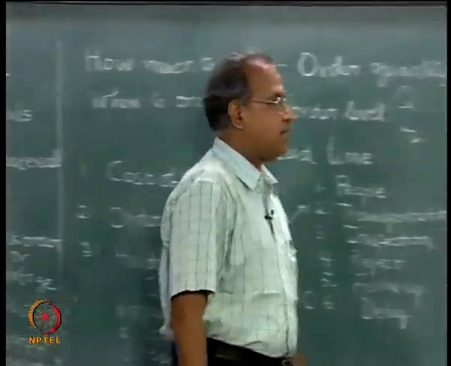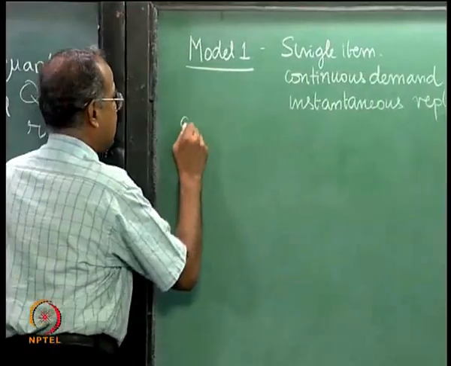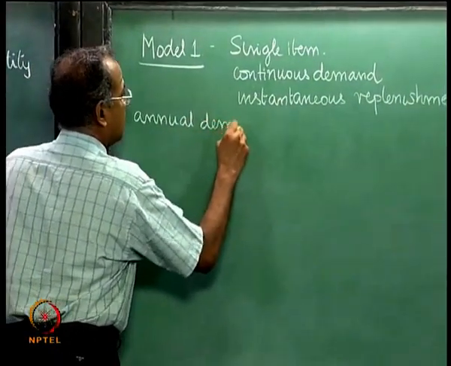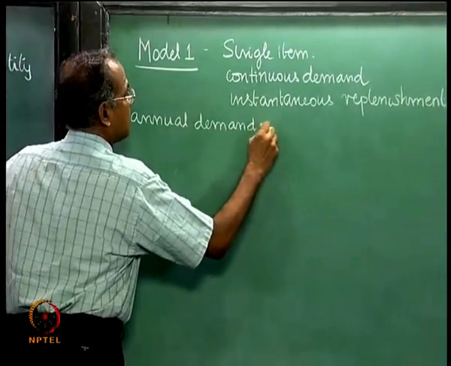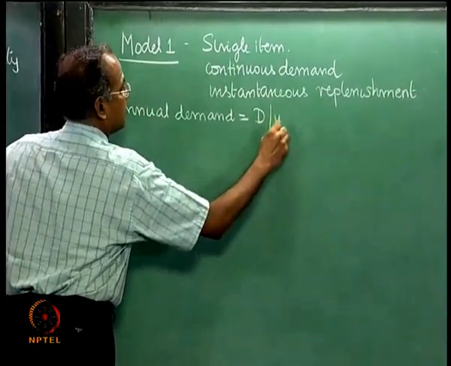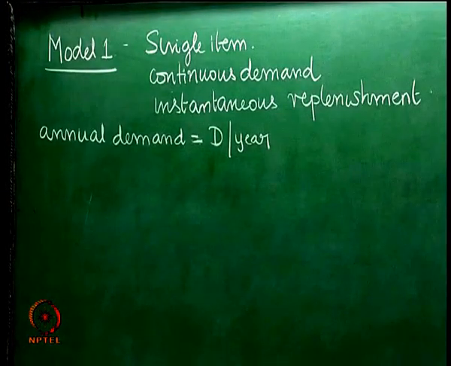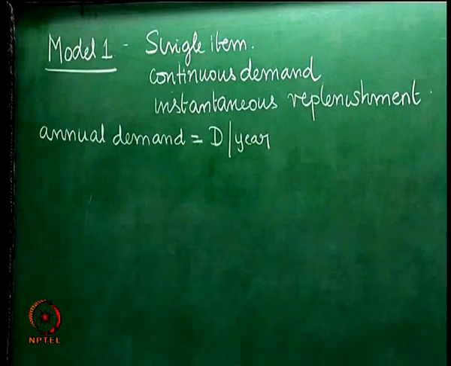Now let us assume that the annual demand for this item is D per year and is known. Now let Q be the ordering quantity that we decide to order every time we place an order.